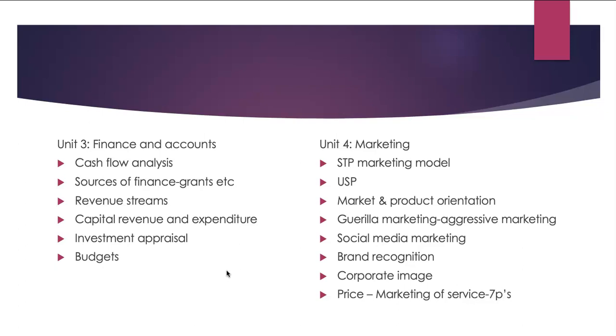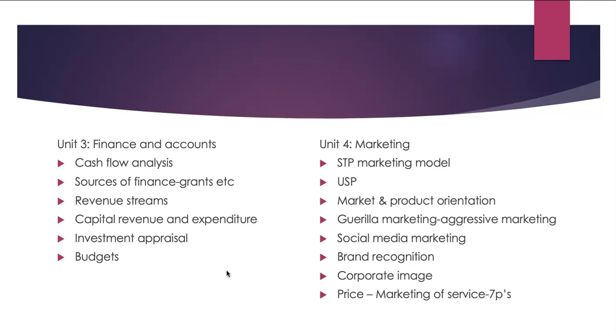Then we have Unit 4, marketing, which I think is also critical. You need to go back and look at the STP marketing model, segmentation, targeting, and positioning. Look at unique selling point. You can also look at the position map or the product position map. Look at market and product orientation, whether the university will be creating courses and then advertising them to the potential students, or it will be the other way around.